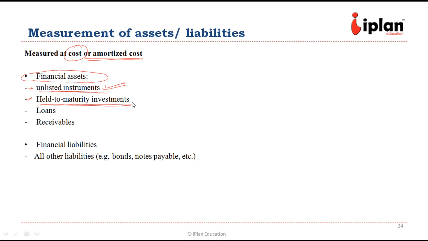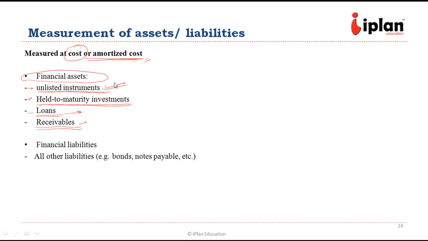Similarly, for held to maturity investments, these are the investments where the company's intention is to hold it till the maturity of the investment. In that case also, we should not be influenced by the current market value of the security. We will put it at cost or amortized cost in the balance sheet. Similarly, loans which are usually long term should also be put at amortized cost.